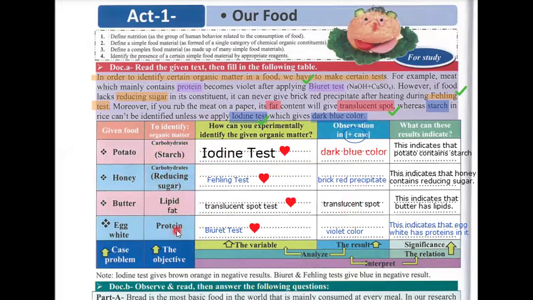If no, we say negative case, meaning this kind of food we are looking for is absent. For example, the iodine test stays brown orange if there is no starch. Biuret and Fehling tests stay blue if there are no proteins and no reducing sugar.